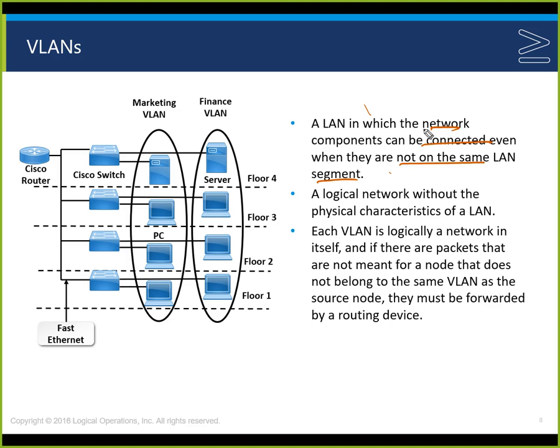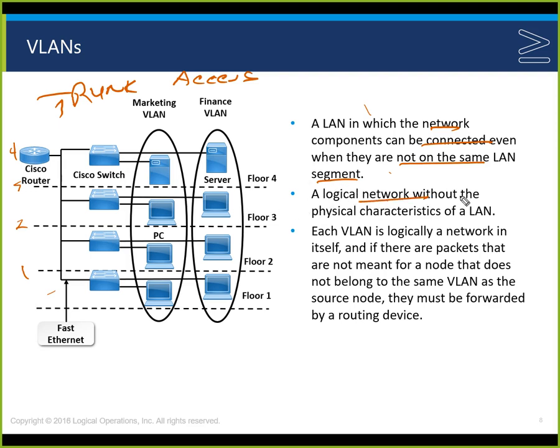The marketing VLAN, this could be like different floors of a building, the first, second, third, and fourth floor. They can all talk to each other as long as we have a trunk port in here somewhere, because a trunk port, and we're going to talk about the types, we have trunk ports and access ports. A trunk port allows us to go from one switch to the other with our VLANs.